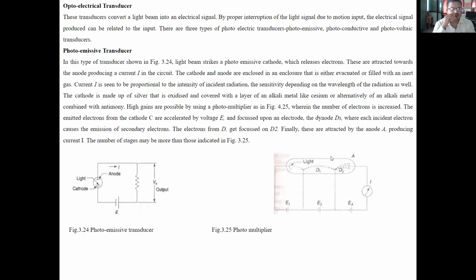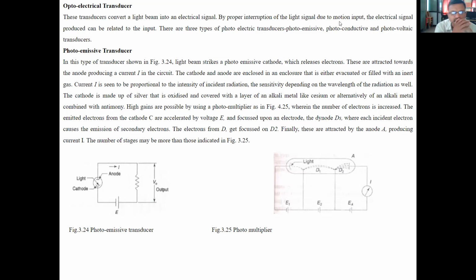Now next is the optoelectrical transducer. These transducers convert a light beam into an electrical signal by proper interruption of the light signal due to the motion input.